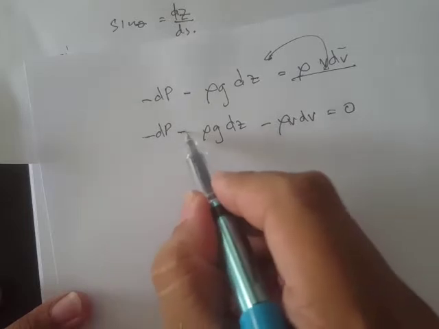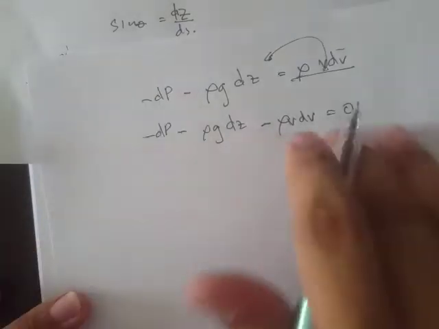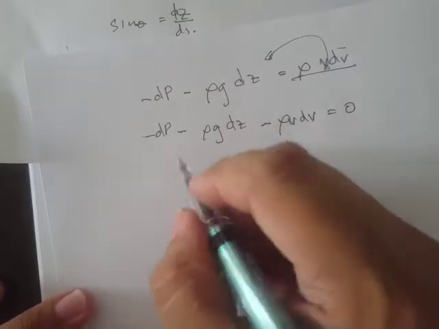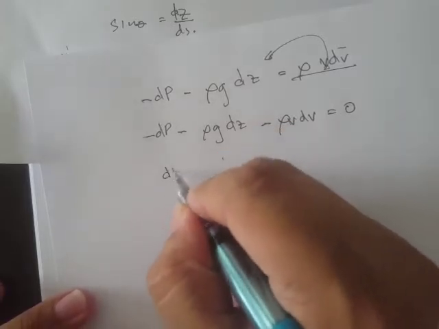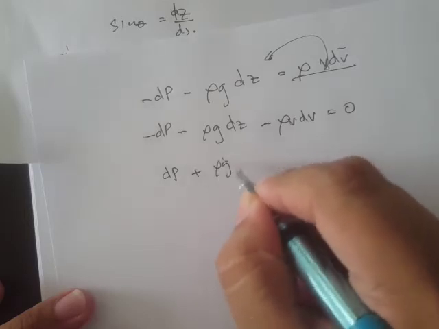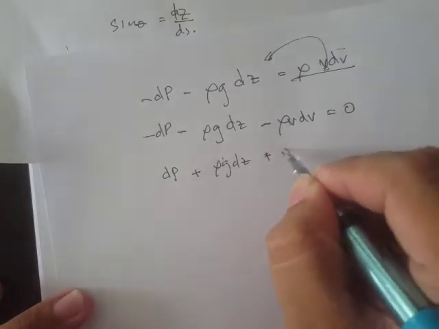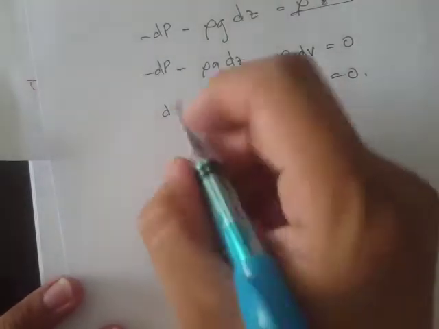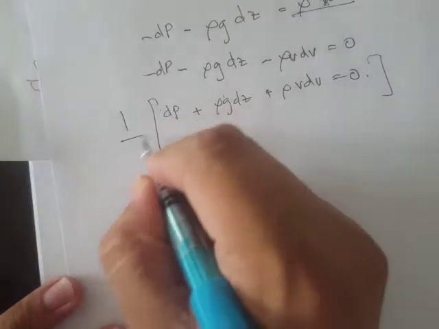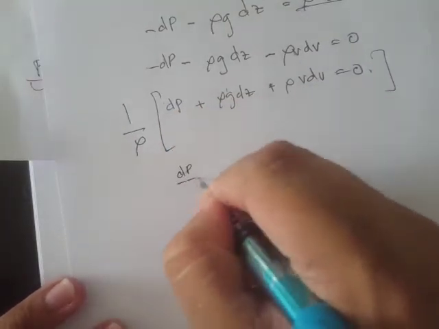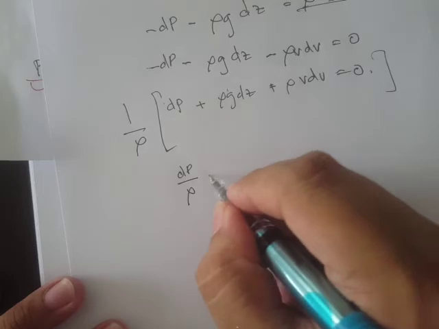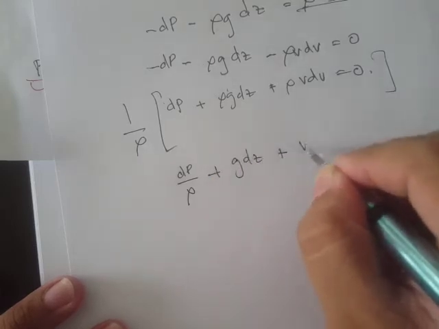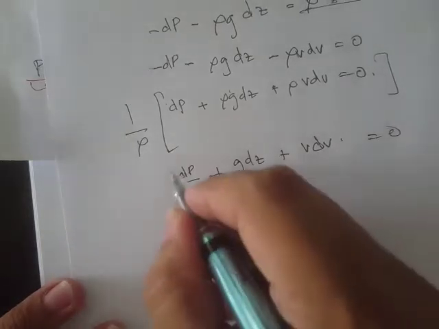Therefore, since we have the negative sign throughout all the three terms, we can divide both sides by negative 1, and that's just dp, right, plus rho g dz plus rho v dv is equal to 0. Okay, and let's multiply both sides by 1 over rho, so that's dp all over rho, plus g dz plus v dv is equal to 0.